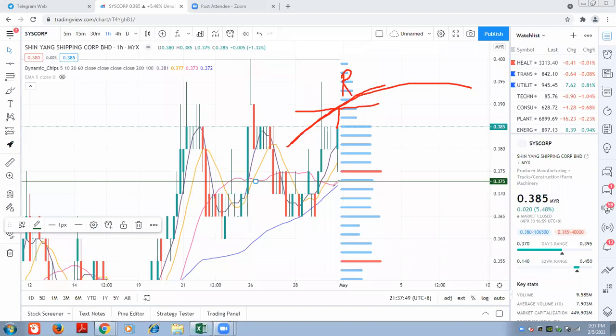Okay. So when the price is above the SMA line, it becomes the support. It's quite strong support compared to the candle. Candle support is not as strong as, resistance is not as strong as an SMA. Why?